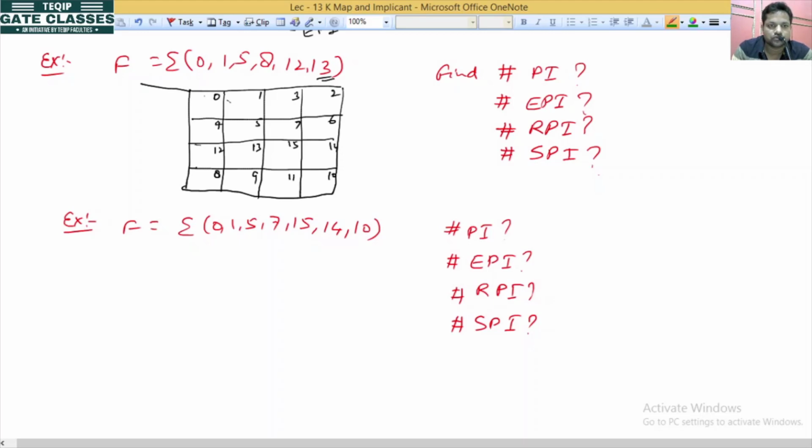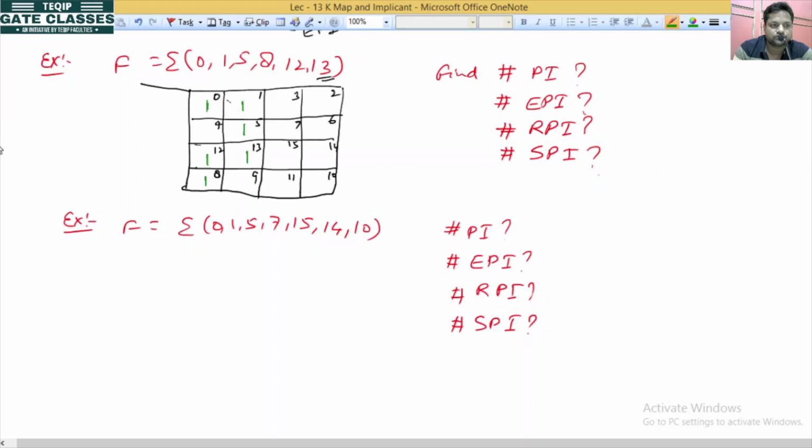Now 0 has 1. Now go for 1, 1 has 1, 5 has 1, 8 has 1, 12 has 1, 13 has 1. So this is our case. In this case, how many PIs are there? Let us perform grouping.